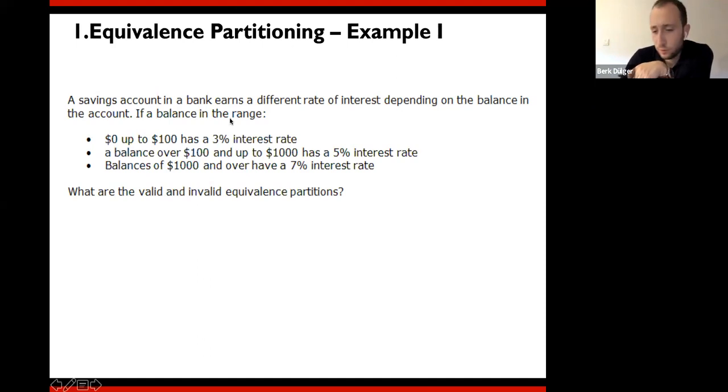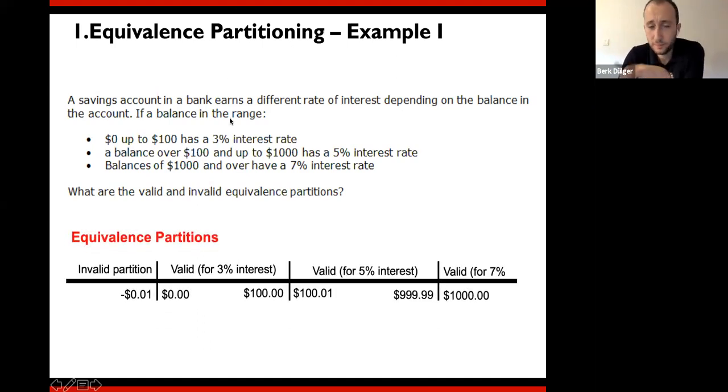So, for the question, as you can easily think of, there are three different valid partitions and one invalid partition there. If we want to have a coverage criterion, 100% coverage for equivalence partitions, we need at least one test scenario for each partition.